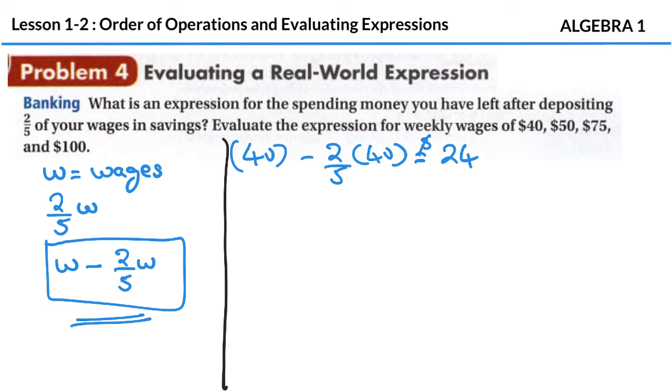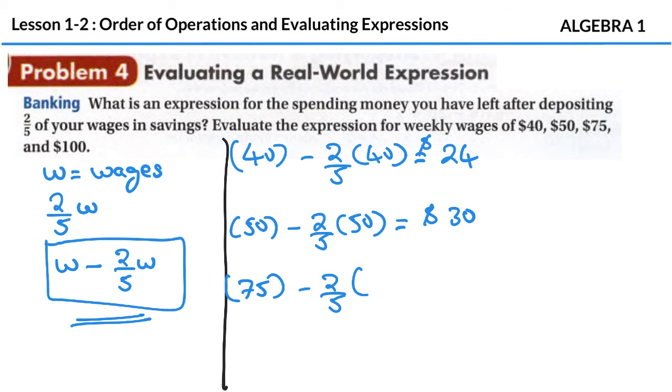Suppose your weekly wages were $50, so it will be 50 minus 2/5 of 50, and that's going to be $30 left. For 75 wages, it's going to be 75 minus 2/5 of 75, and that's going to be $45 left for you to spend.